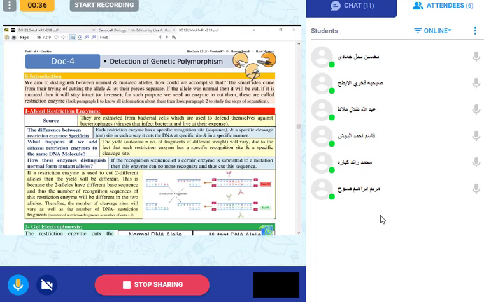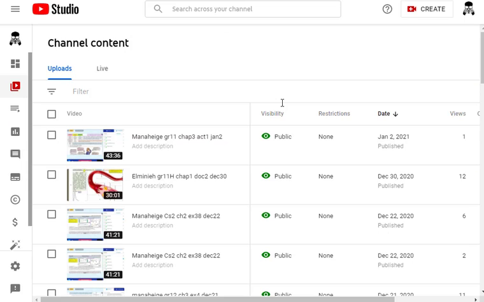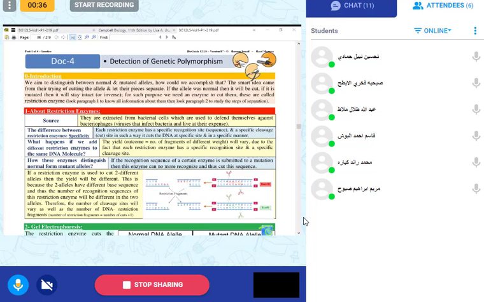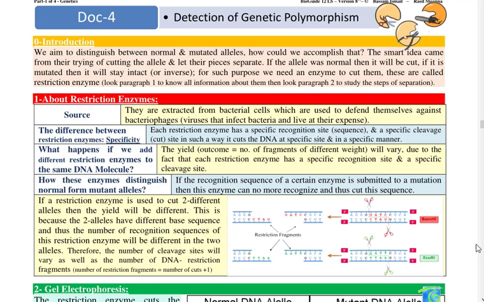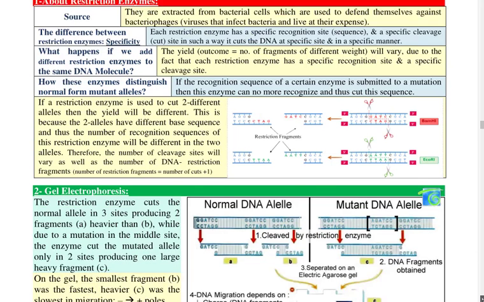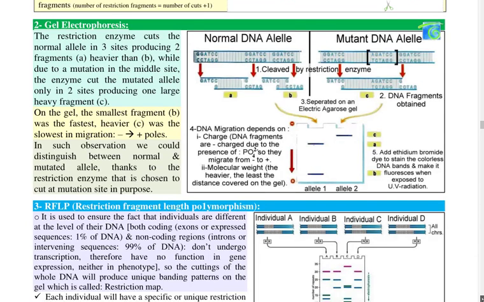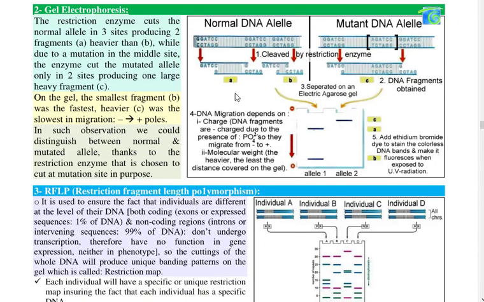How can we detect this? We can detect it using the technique called gel electrophoresis. In gel electrophoresis, we put the DNA fragments in a gel, and then we apply an electric current.